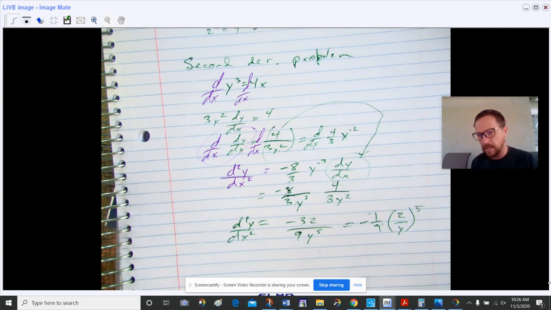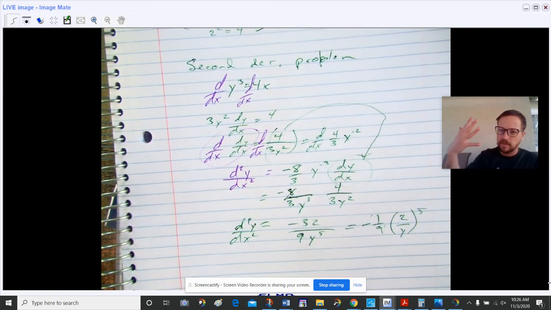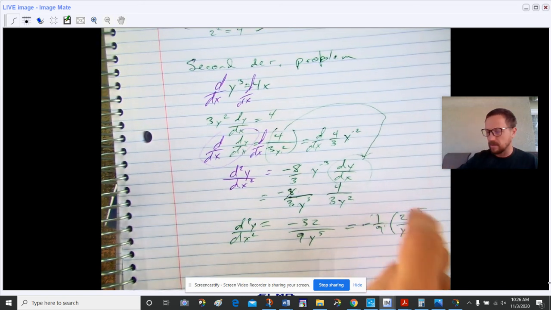Anybody who has taken some basic programming classes should know that 2 to the 5th is 32, because that's how binary works. Remember how you count on your hand? You can count on one hand to 31. That's because 2 to the 5th power is 32.